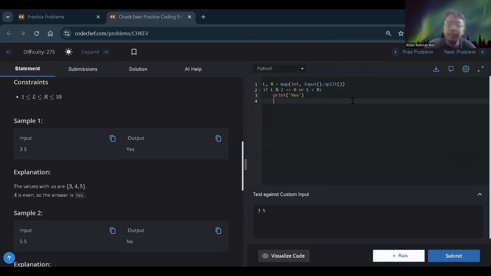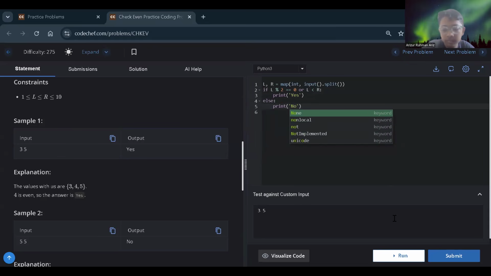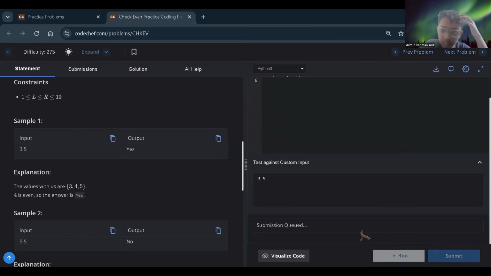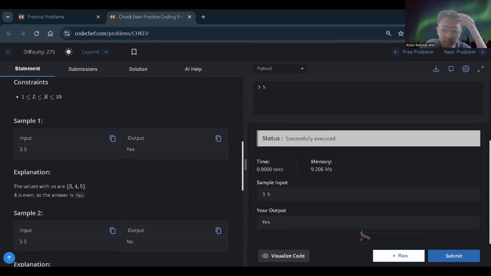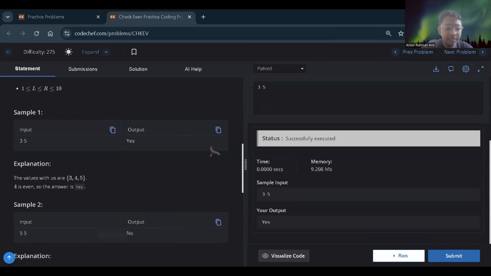So if this formula is true, we will print yes, else we will print no. Okay, yes.